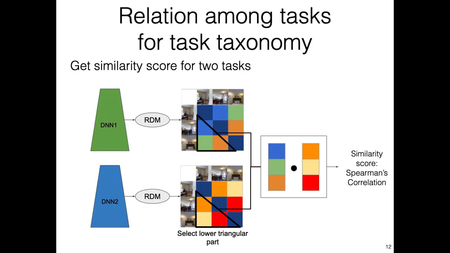When you have these dissimilarity matrices for a couple of models, then you can get the similarity score for two models that perform different tasks. One could be, for instance, object classification, and another could be semantic segmentation, just to put an example.